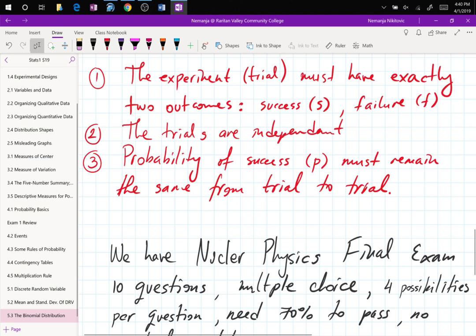Number two, each question is independent, so none of the questions depend on the previous questions in any way, and you guessing the first, second or third, they're all independent. Probability of success, p, remains the same as you go from question to question. Well, yes, because exactly 1 out of 4 is correct. So what is the probability of success? 25% or 1 in 4. Very good.